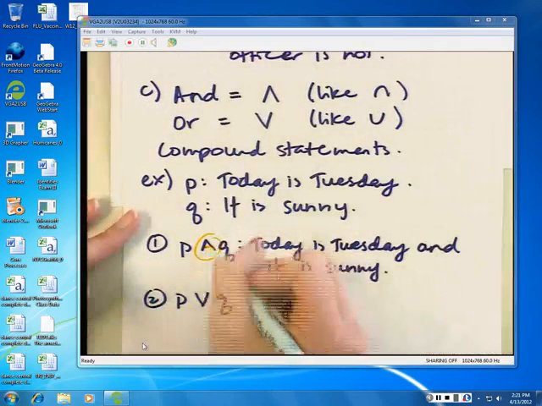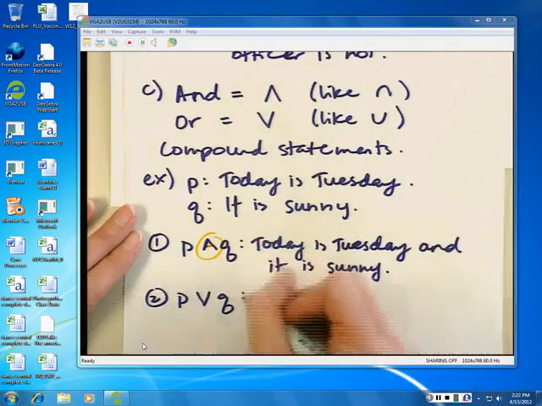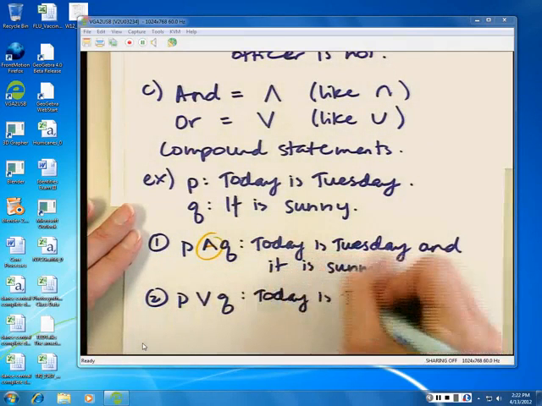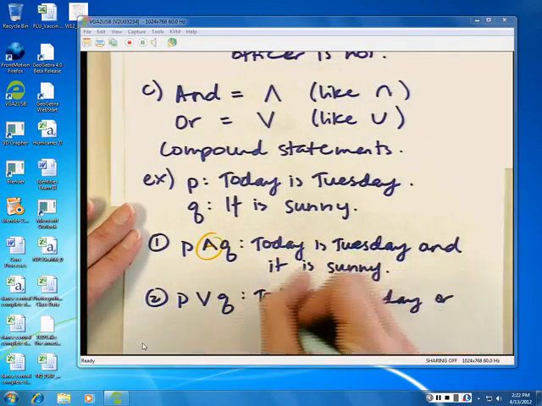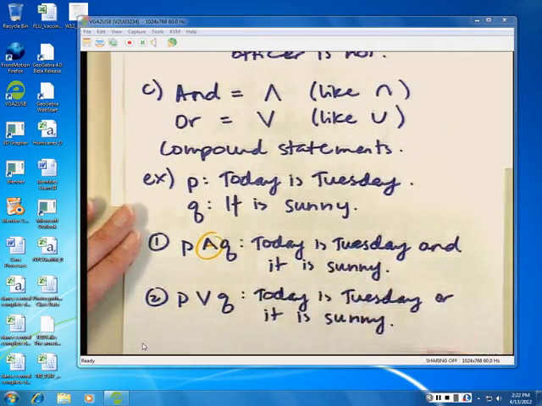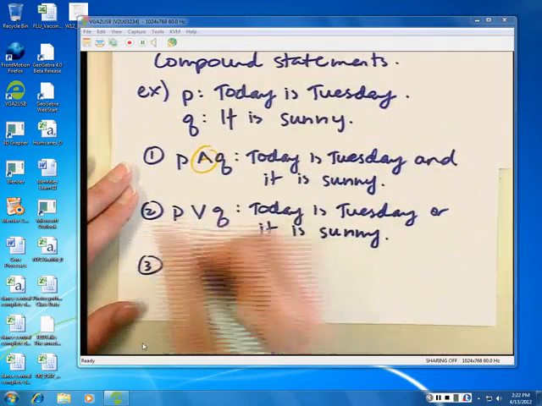If I just do that, it's an A. So I always remember that that one is the and. Okay, P or Q. So then I just write today is Tuesday or it is sunny, which is a funny statement, but we'll go with it as we're just getting used to our symbols.